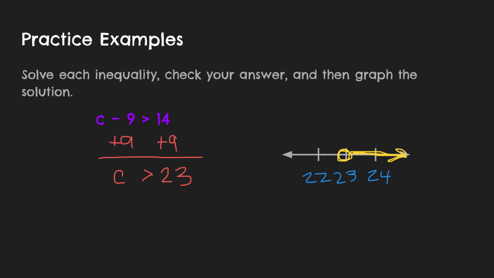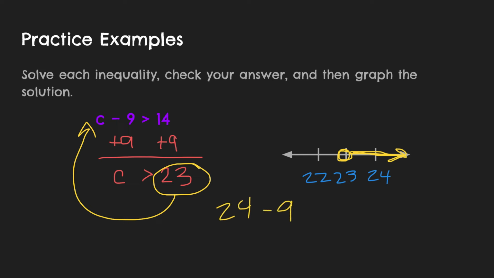I forgot to check on the last one. So on this one, we can't just take our 23 and plug it back in. Because remember, C has to be greater than 23. So the first one I would put in maybe is 24. So if we do 24 minus 9, is that going to give us something greater than 14?